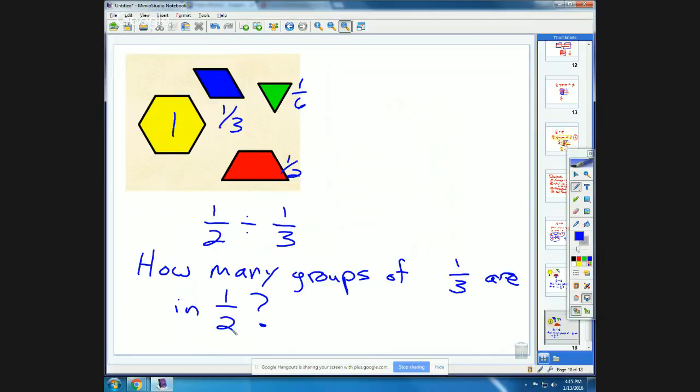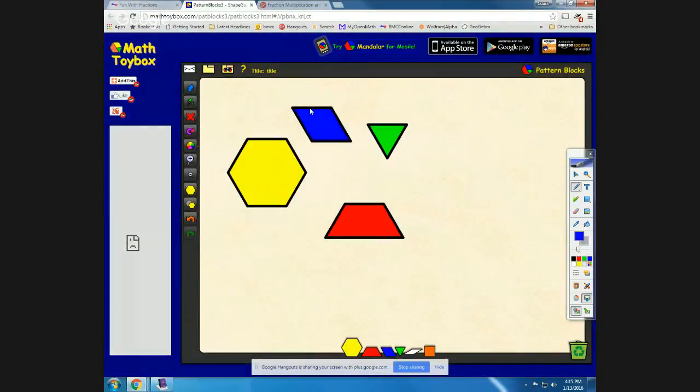So let's go back to my toy screen. I picked this guy up and set it down there. For sure there's 1 group in there, but there's more than 1. How much more? There's 1.5 groups of the blue thing in the red thing. Does that seem reasonable?